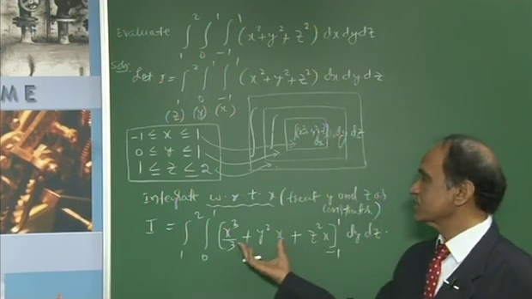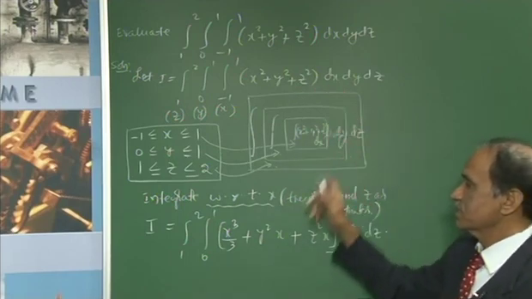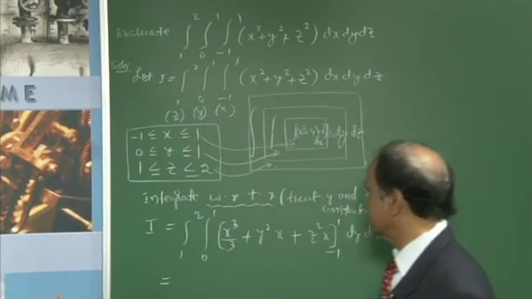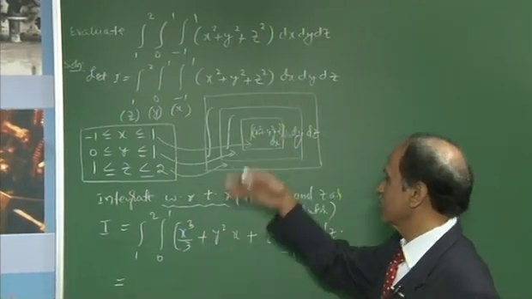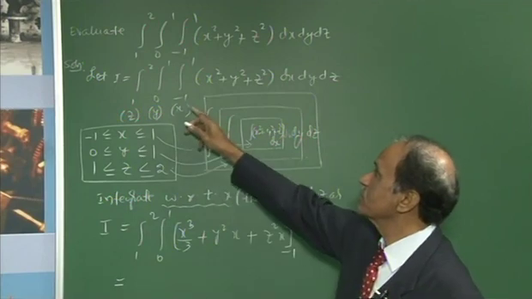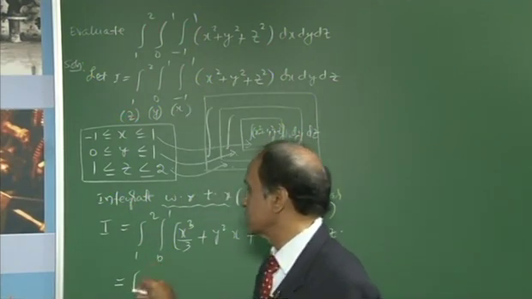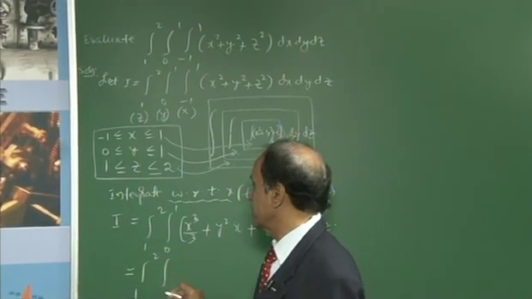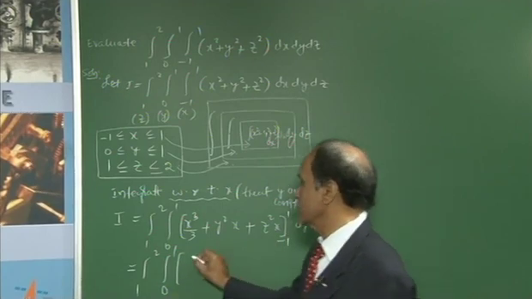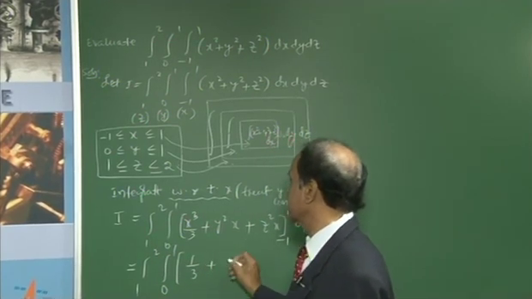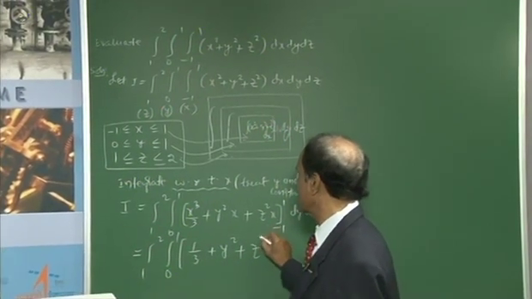So this is the first integration which you carried out with respect to x, then accordingly you substitute the limits. That means you replace x, eliminating x equal to minus 1 and x equal to plus 1 for the innermost integral, that is 1 to 2 and 0 to 1. Then x cube by 3 plus y square plus z square.